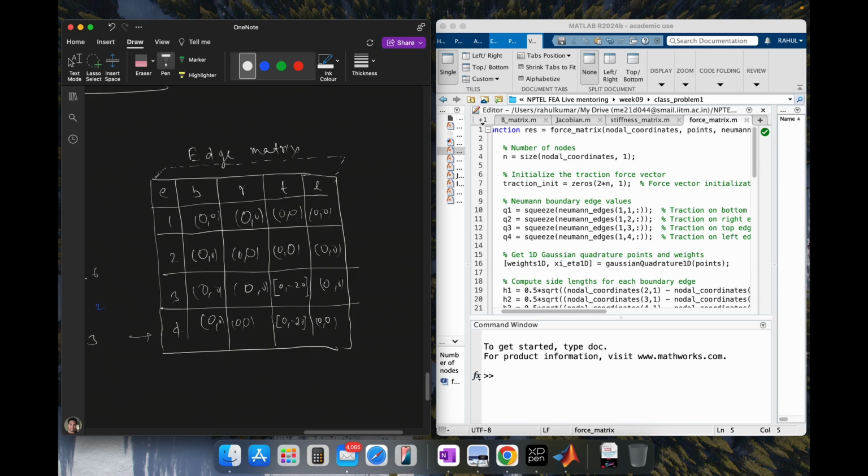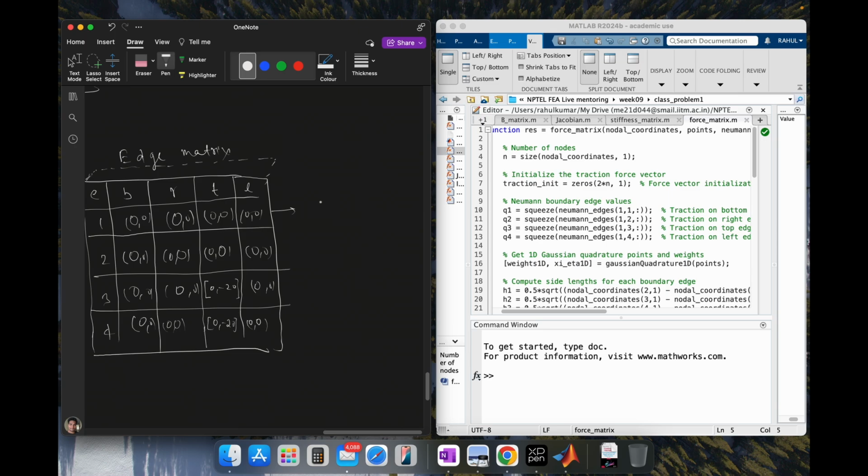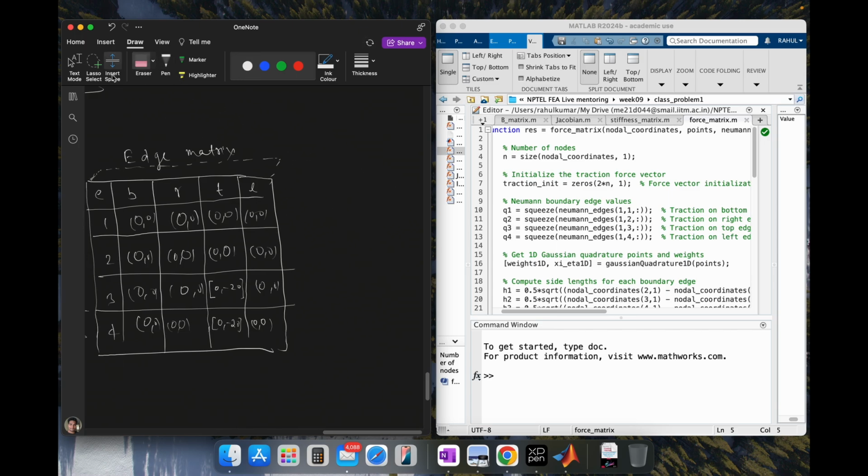But in this case, for the edge number 3, so for the element number 3, the front face entry is 0, but the back face entry is -20. So which means that for each element, suppose for element number 1, it will give something like this. So yeah, for element number 3, I am talking about the element number 3.